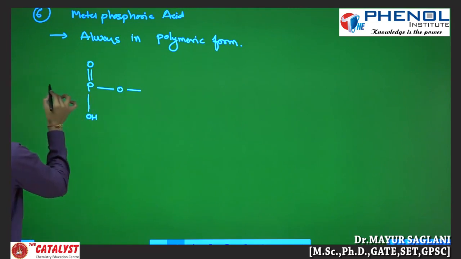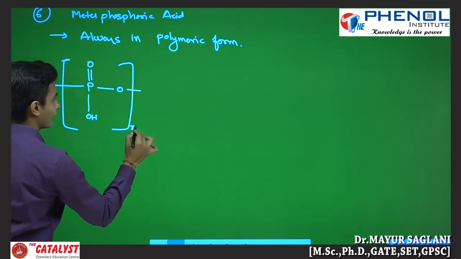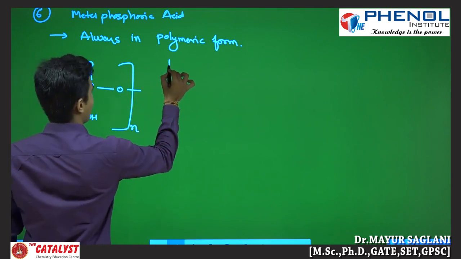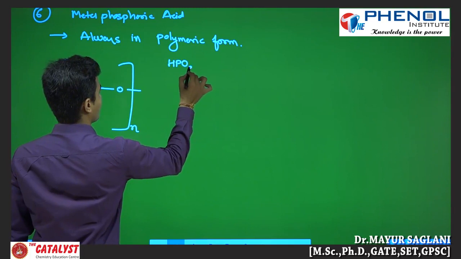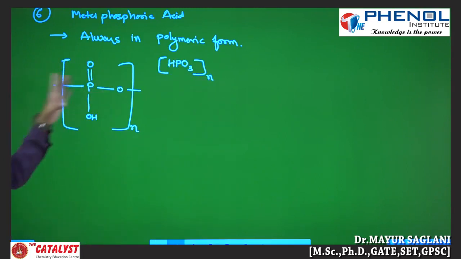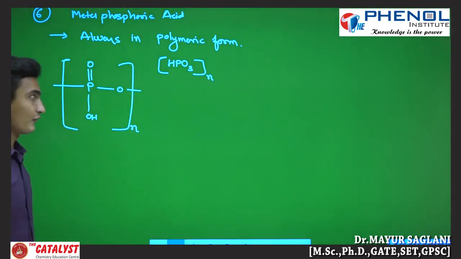This one is the monomeric unit of metaphosphoric acid. You may write it as HPO3 n times. Are we clear?